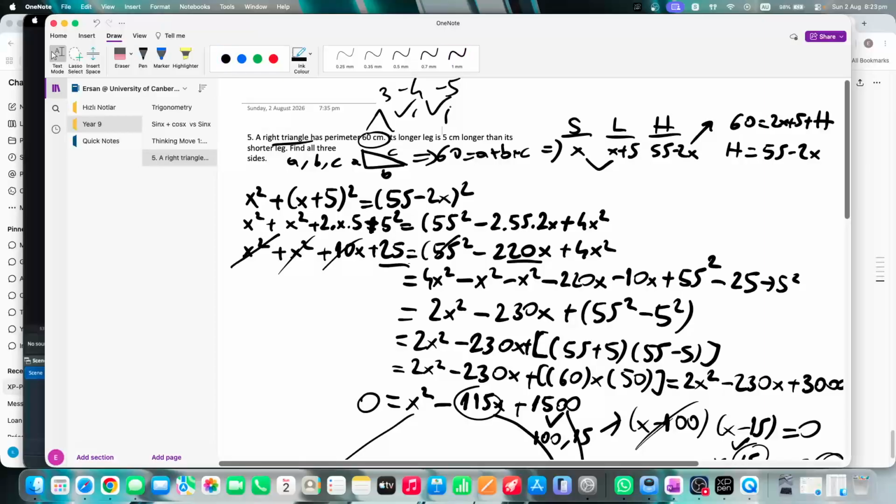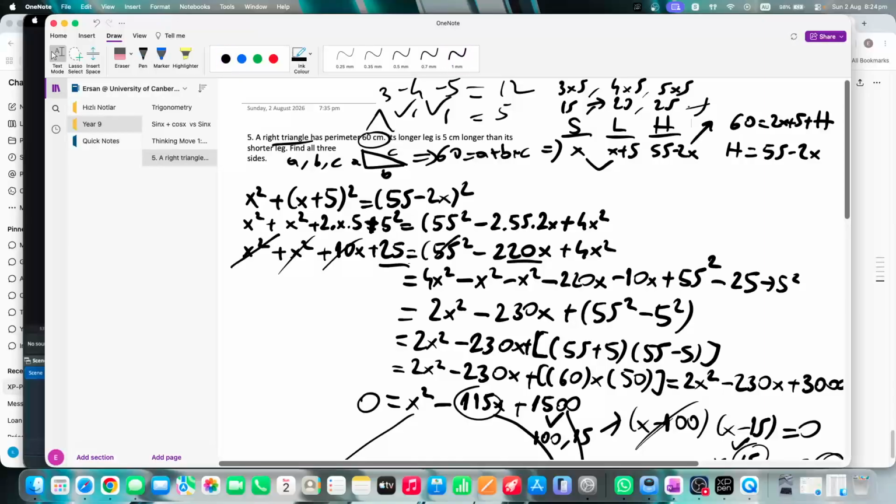If the perimeter is 60, I know their sum is 12, so I enlarge this by 5 to get 60. If I multiply each and every one of them by 5, 3 times 5, 4 times 5, and 5 times 5, this is 15, 20, and 25. The difference between the shorter one and the longer one is 5, and their perimeter is 60. So yes, this is basically the answer.